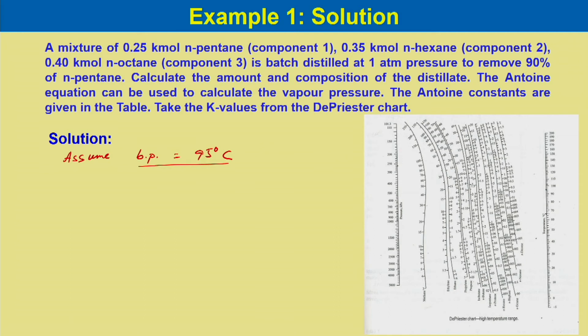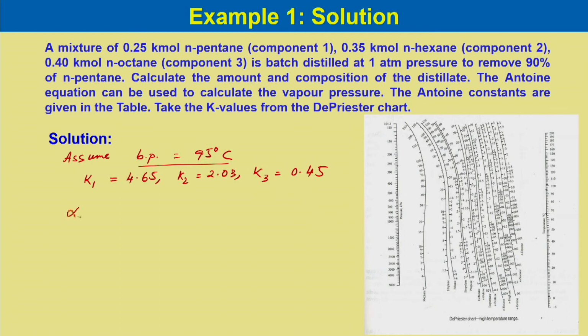So, if we use the chart, we will obtain K1 is equal to 4.65, K2 is 2.03 and K3 is equal to 0.45.